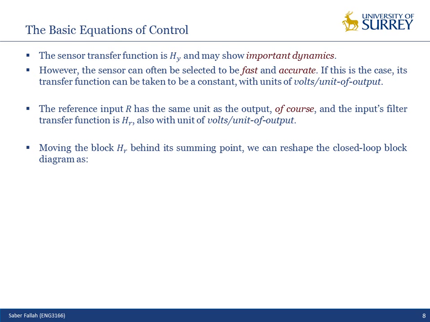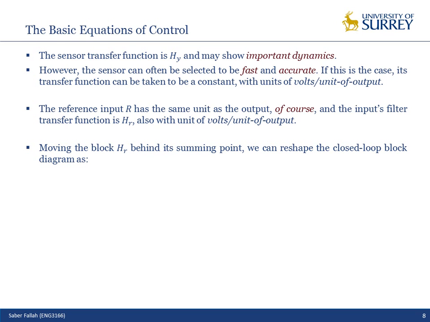I can summarize or reshape the closed-loop system. Look, in my case, I have HR, the shaping block, the summation, controller C, plant G, controller D, plant G, and HY, the sensor.